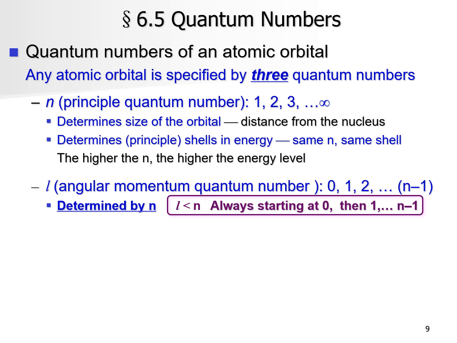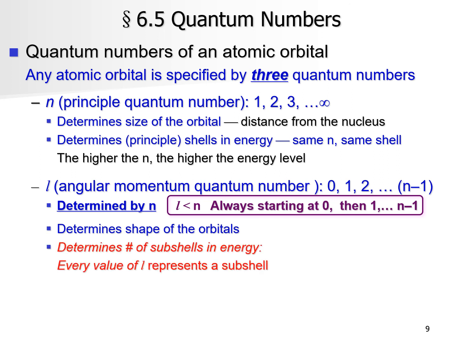As functions of this angular momentum quantum number, there are going to be quite many. First, it determines the shape of the orbitals. Orbitals come in various shapes, as we will discuss at the end of this chapter. It also determines the number of subshells in energy.